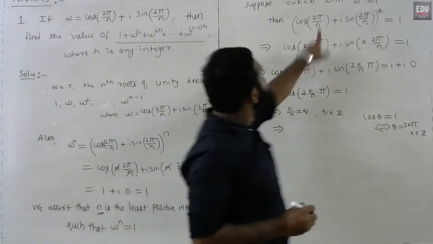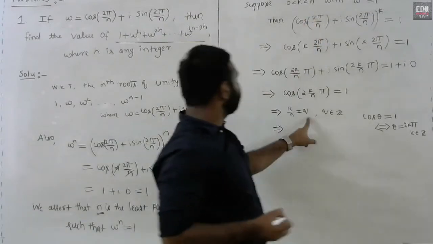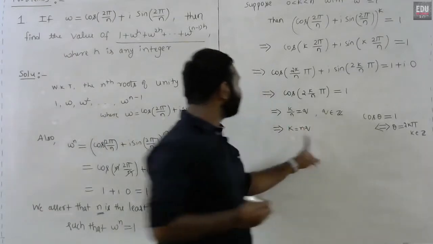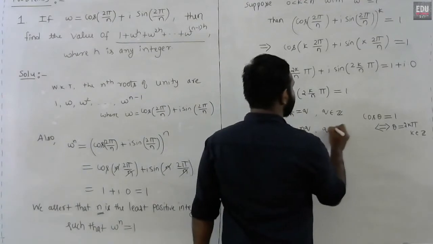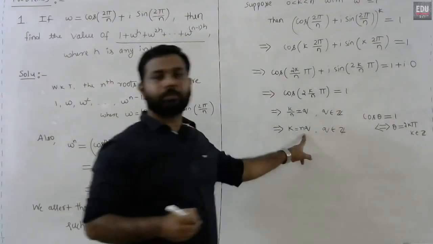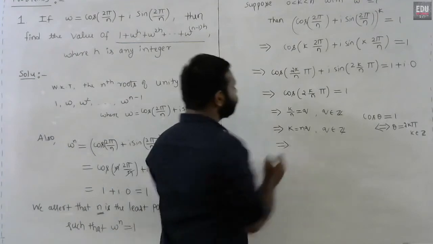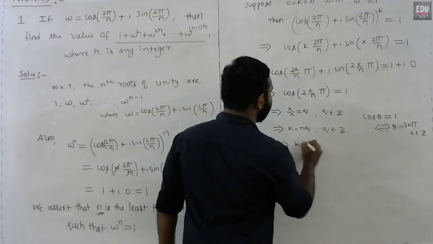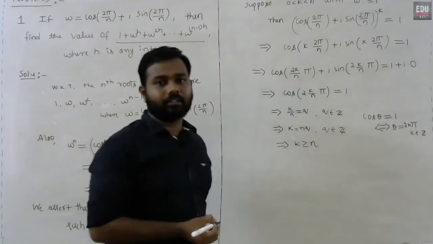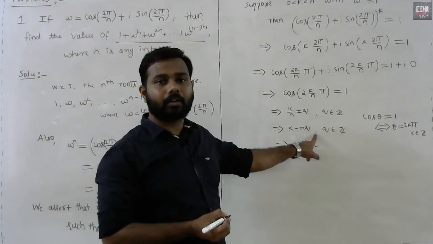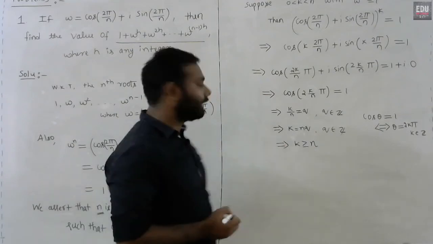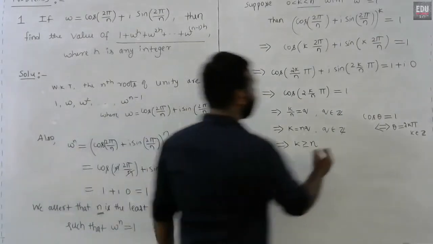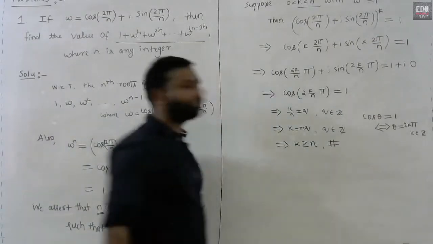As both k and n are positive, k has to be a positive multiple of n. So k has to be a multiple of n means k has to be at least n. But what we started with is k less than n, and we are getting k greater than or equal to n, which is a contradiction.